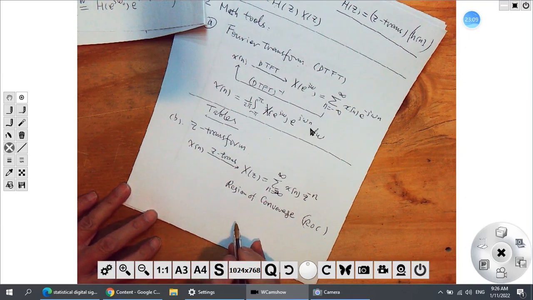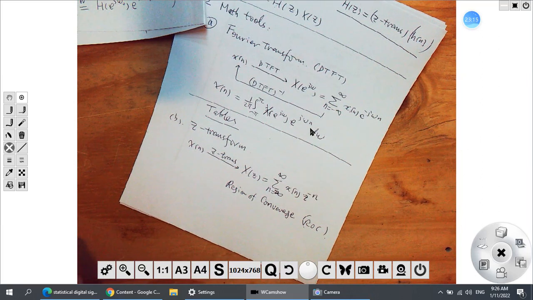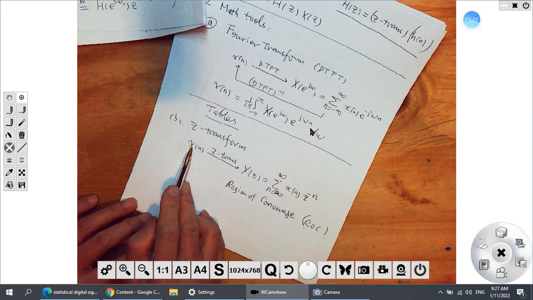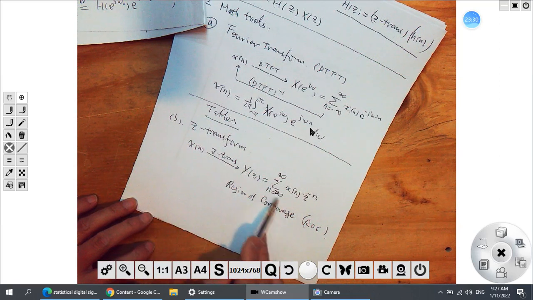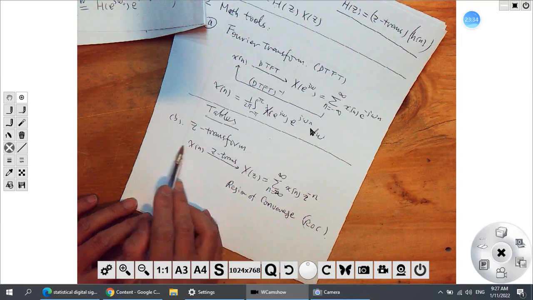For the inverse, we also have a formula for the inverse Z transform, but it's out of our course. I don't think we have it in our course. We don't need it. But then how do we find the inverse Z transform? The transform you can calculate by this formula, but for the inverse, if you know capital X, can you find the lowercase x?